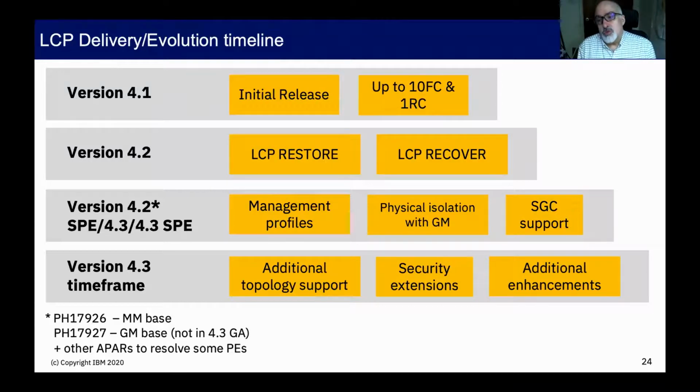And we also introduced the physical isolation with global mirror. So this is for Metro 2-site clients, and also to enable a GM leg off the Metro primary or secondary to capture safeguarded copy backups into the vault.